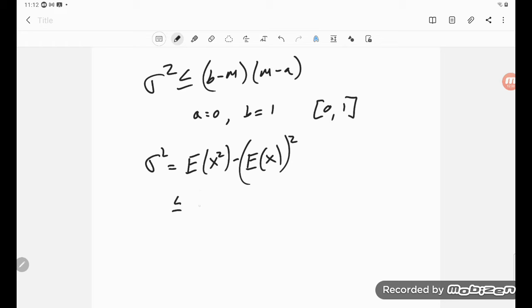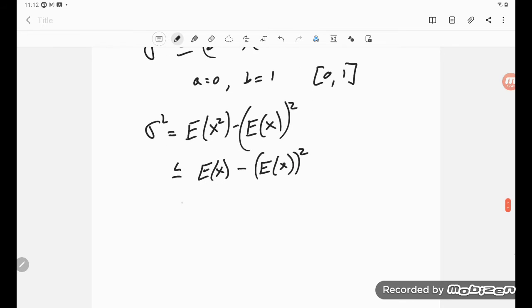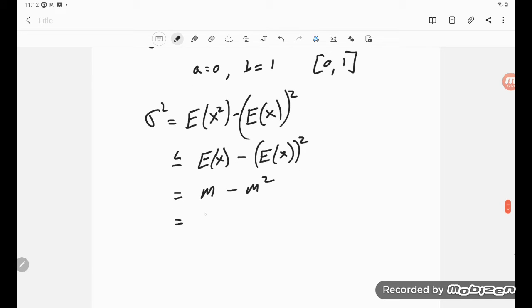That's just our mean minus our mean squared, which is the mean times 1 minus the mean.